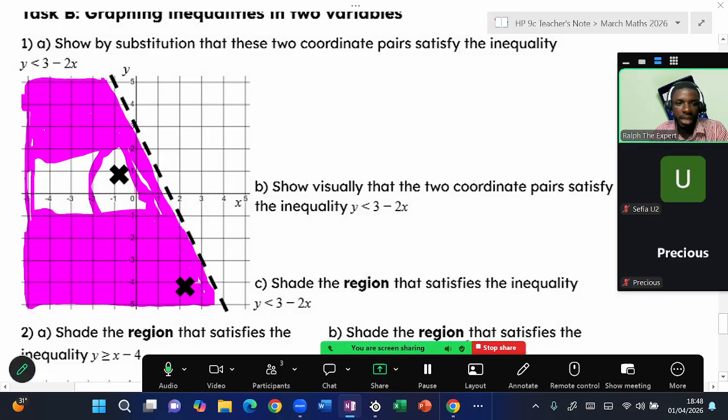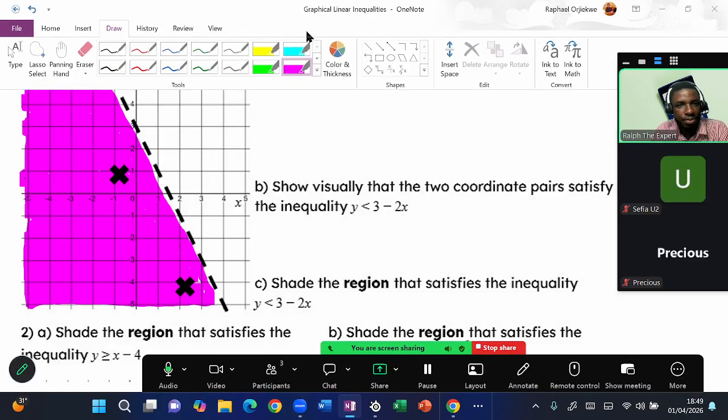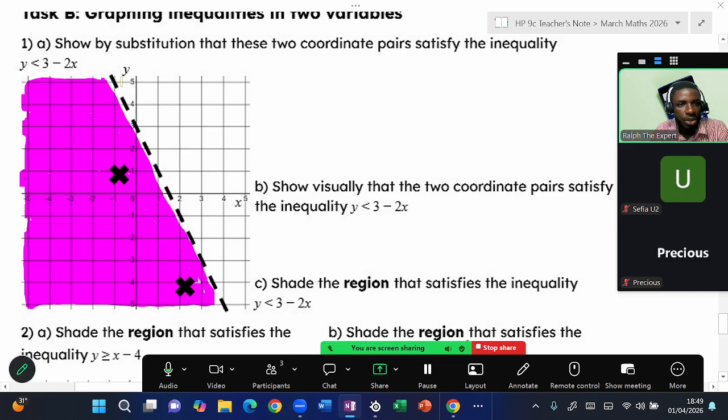It shouldn't take us so much time to figure this out. We're going to figure it out before the end of the class. So this is for purple. Now let's shade the other side, which is going to be yellow. So I also have this.